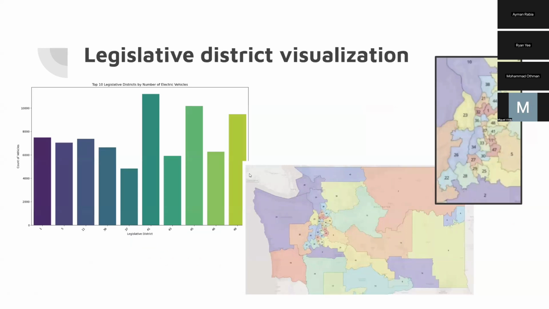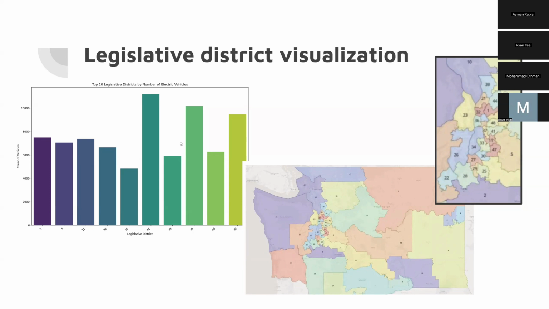This is our visualizations for the legislative district. A lot of this data is repetitive as it is all locational. For this, we can see it condensed to the top 10, just like the other bar graphs, because there are a lot of districts. And we can see half of the graph is populated with districts in the 40 region.